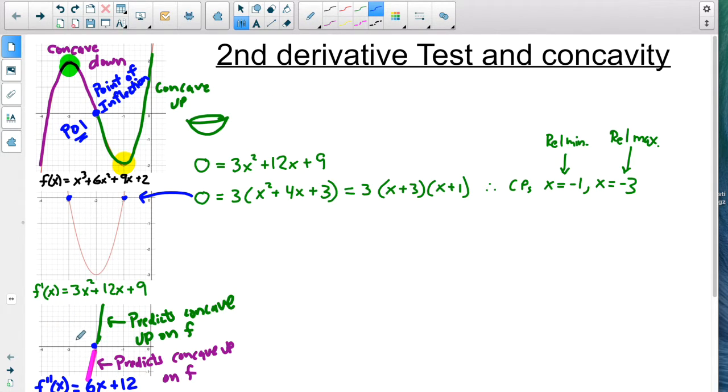And one more thing, which we will actually talk about in the next video, but a little foreshadowing here, is that's the POI, right? That's the POI. So the POI happens at x equals negative 2. Okay, the concave up happens when x is less than negative 2. And the concave down, oh, I wrote it wrong, sorry. This is concave down, my bad.